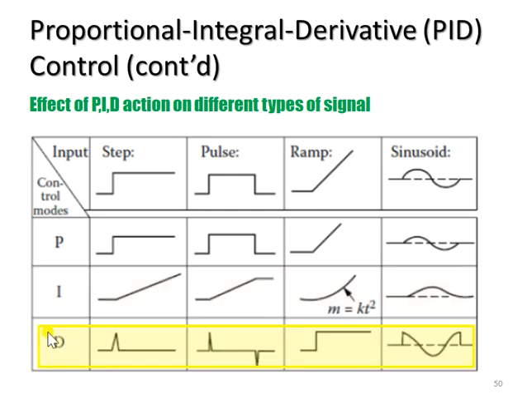And finally, the derivative function. We know that the derivative function is taking the slope of the error signal. So if we look at the step signal, the slope between this time is 0, and then between this time is also 0.